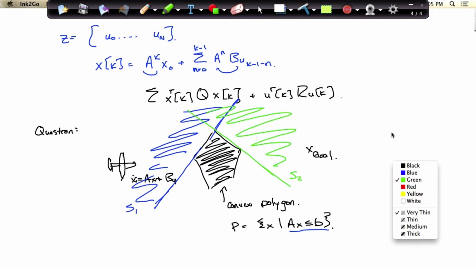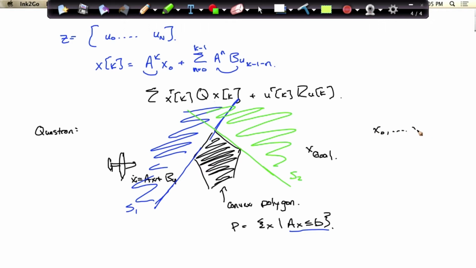If I were willing to say, for instance, that x0 through xk are inside S1, and then xk to xn are in S2, then you could write that down. But I've had to somehow pick k as the time that I'm going to be in this intersection.